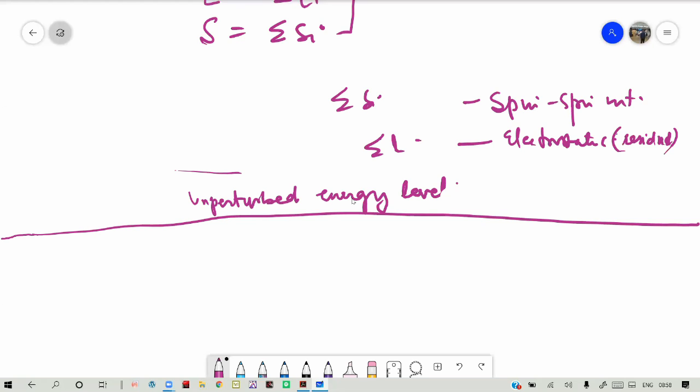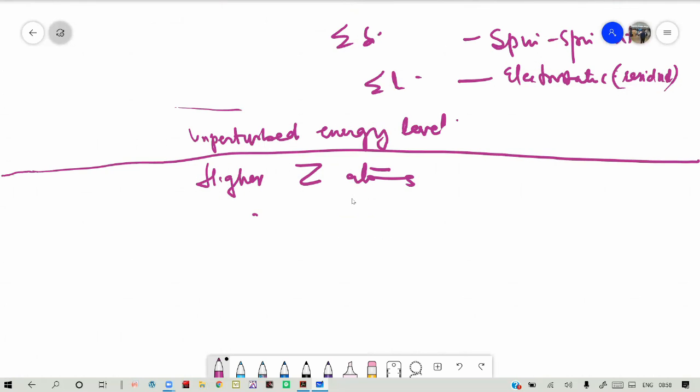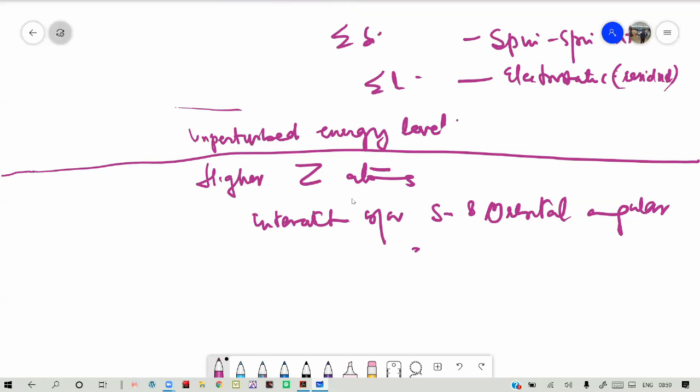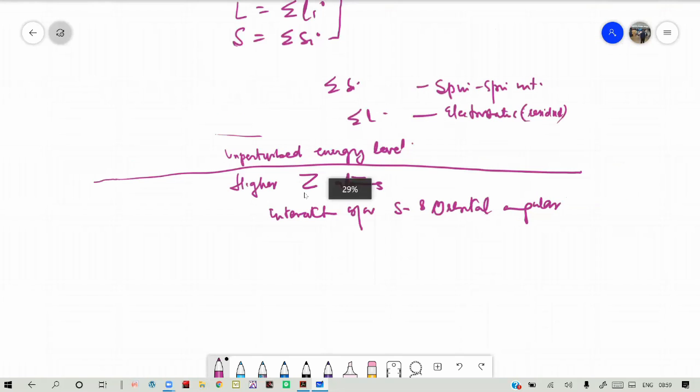In the case of JJ coupling, let me tell you that in the case of higher mass number atoms, or higher atomic number Z atoms, the interaction between spin and orbital angular momentum becomes important.